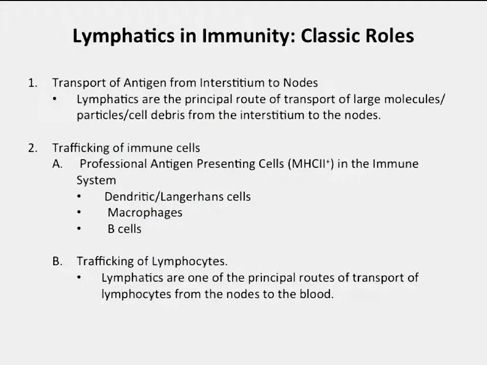So we know it plays a key role in that. And when you look at antigen presentation, so if I get a mosquito bite in my toe, and we look at the foreign antigens produced by that mosquito bite, they'll be picked up locally by macrophages and dendritic cells, and those cells will slowly make their way to the lymphatics and then go back to the node, but that takes hours. Many hours, in fact.